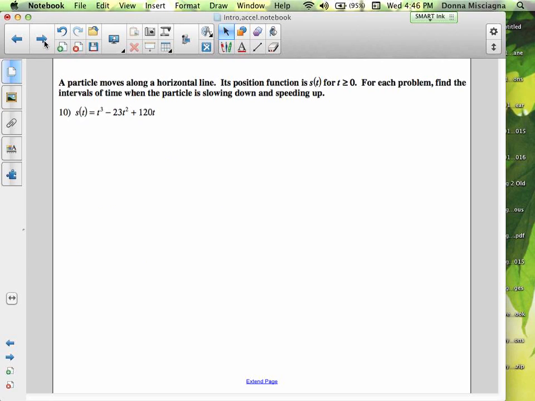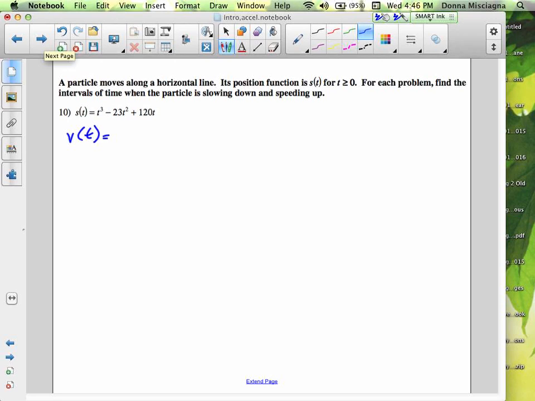A particle moves along a horizontal line, and we want to find when the particle is slowing down and speeding up. Okay, so step 1, take your position function, take your derivative and find the velocity function.